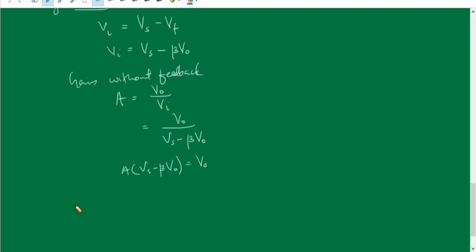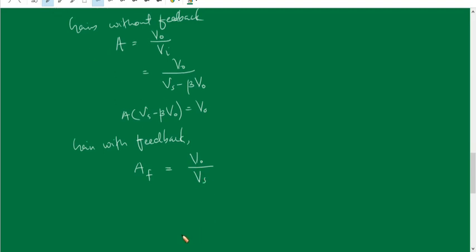Therefore, the gain of the feedback amplifier, or gain with feedback, is given by AF. Vo is the output of the feedback amplifier and the input is Vs, so Vo divided by Vs is the voltage gain of the feedback amplifier.